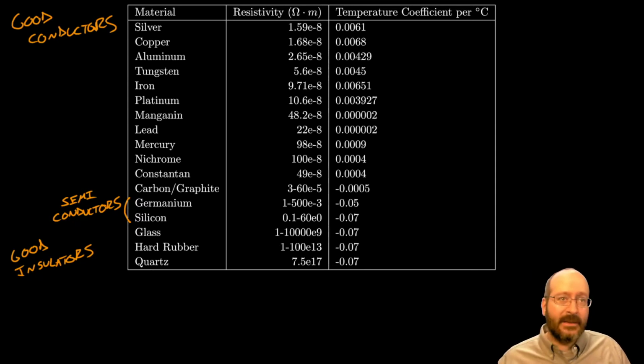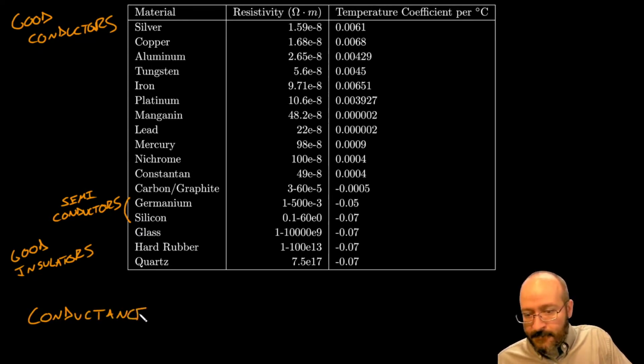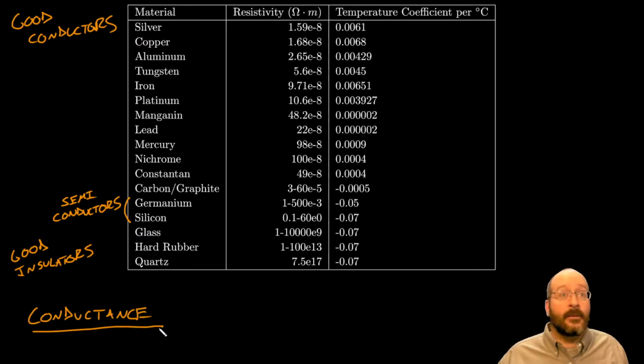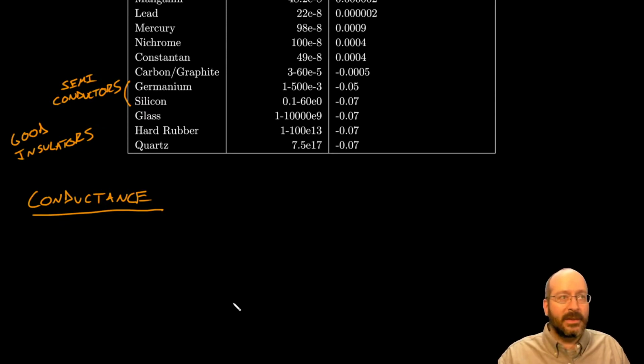Now there's a related value and variable. It's very closely related, and you will run into it. So I think we need to talk about it. Okay, and that is conductance. Okay, it's just another means of characterizing the material's ability to move charge for a given amount of energy.